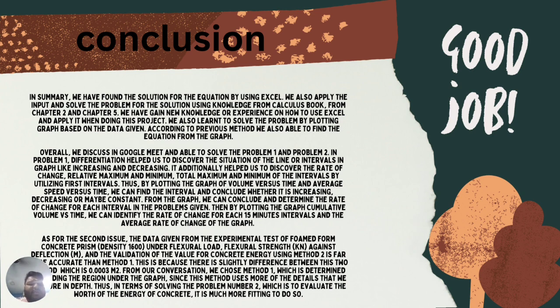From our discussion, we chose method 1, which is determined by dividing the region on the graph, since this method uses more of the details that we measured in depth. Thus, in terms of solving the problem, which is to evaluate the energy of concrete, it is much easier to do so.